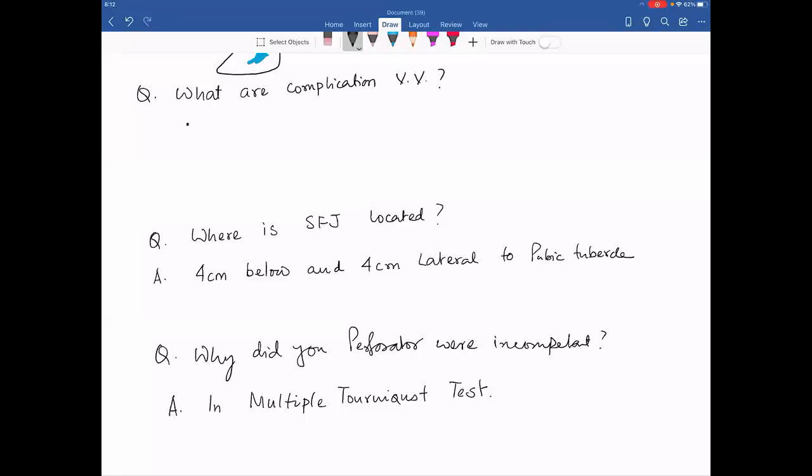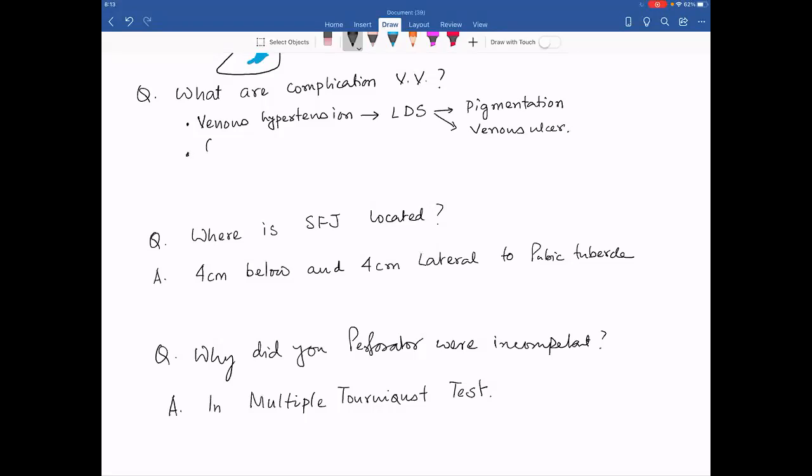Sir, complications can be, number one, long-standing varicose veins can produce venous hypertension, which leads to lipodermatosclerosis, which can lead to pigmentation, discussed in the last class, can also lead to venous ulcer.